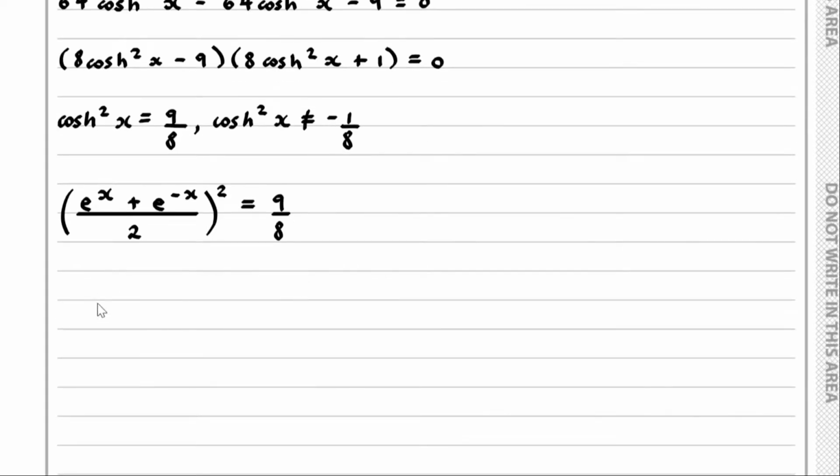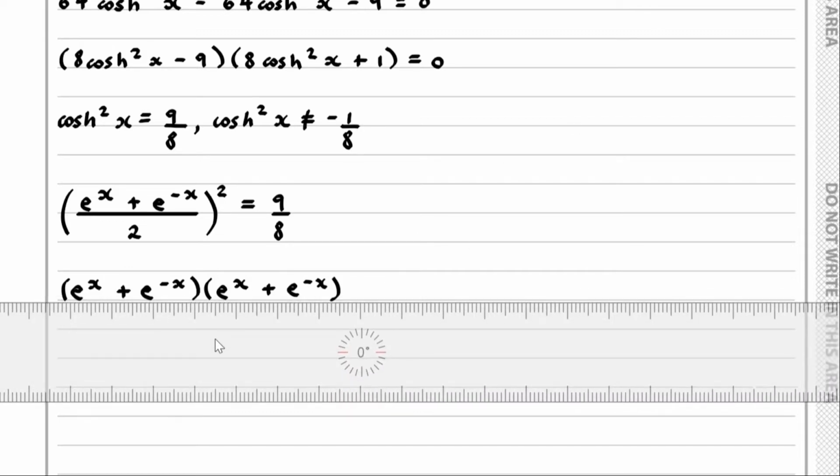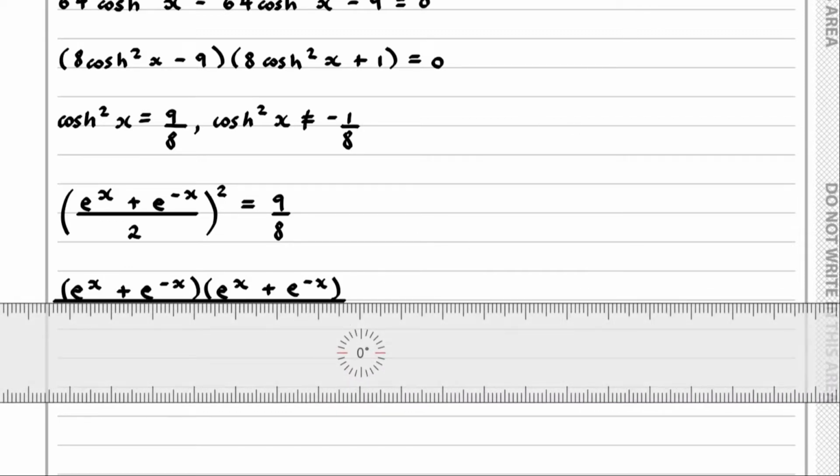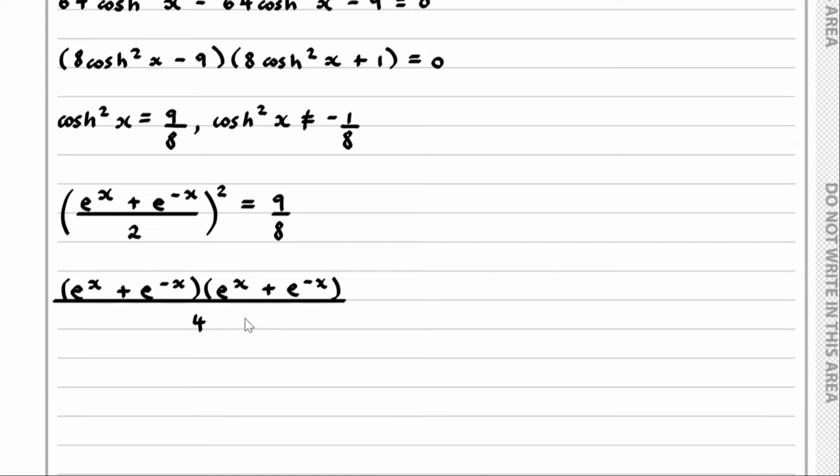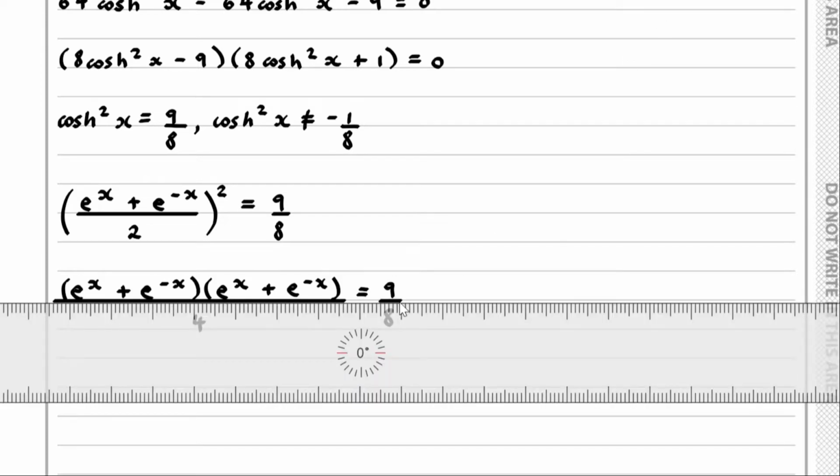And so we have (e^x + e^(-x)) multiplied by (e^x + e^(-x)) over 4, that's equal to 9/8.